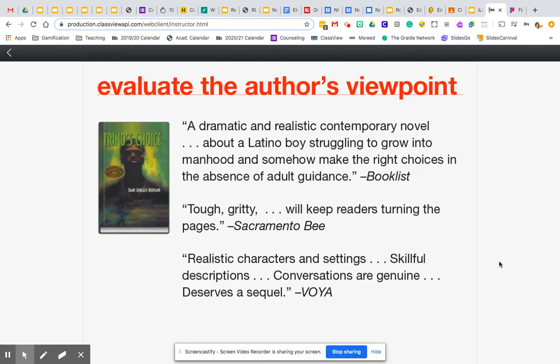So here's another way that we can practice author's viewpoint. We've got a couple of book reviews here from Trino's Choice. Let's go ahead and stop and think about what these authors' viewpoints are on Trino's Choice. The first one says, it's a dramatic and realistic contemporary novel about a Latino boy struggling to grow into manhood and somehow making the right choices in the absence of adult guidance.